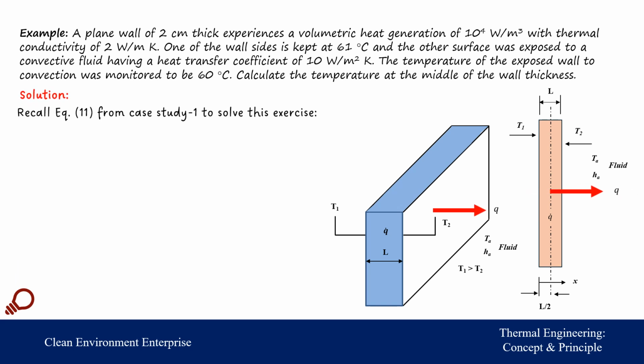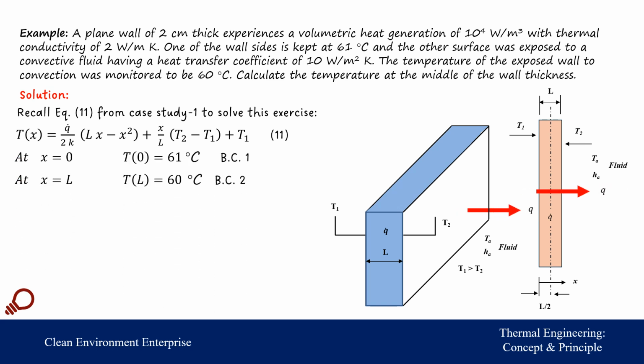If we go back to equation 11, which represents the temperature distribution in a wall that experiences heat generation per unit volume and constant temperatures on both sides of the wall, and we substitute according to the boundary conditions, at x equal to 0 we have T0 equal to 61 Celsius, and at x equal to L, the temperature will be 60 Celsius.